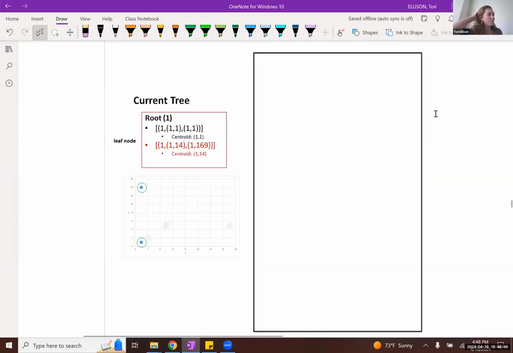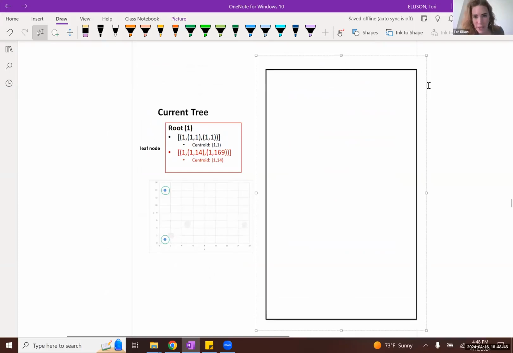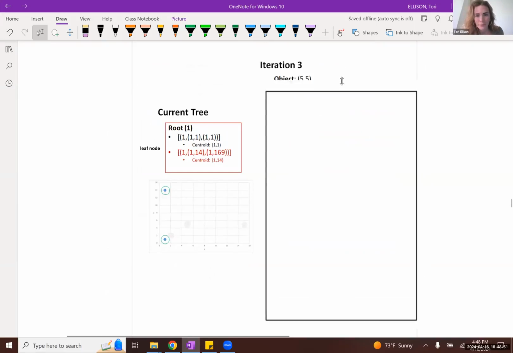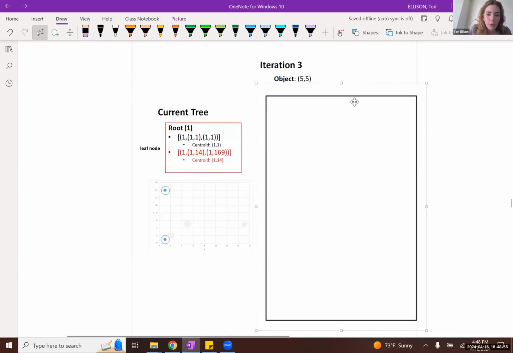Okay. So very quickly, we can add one more entry to this data set. So moving on, iteration 3. The next observation that we would like to incorporate into the CF tree is the point 5, 5.